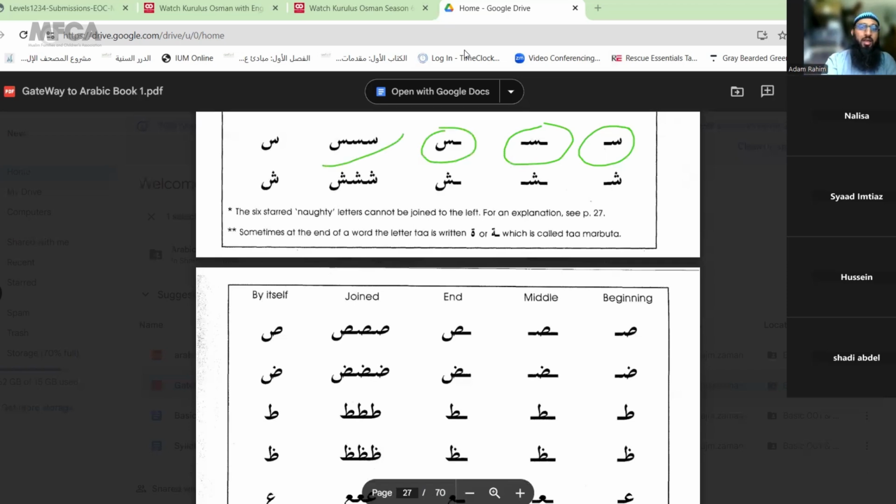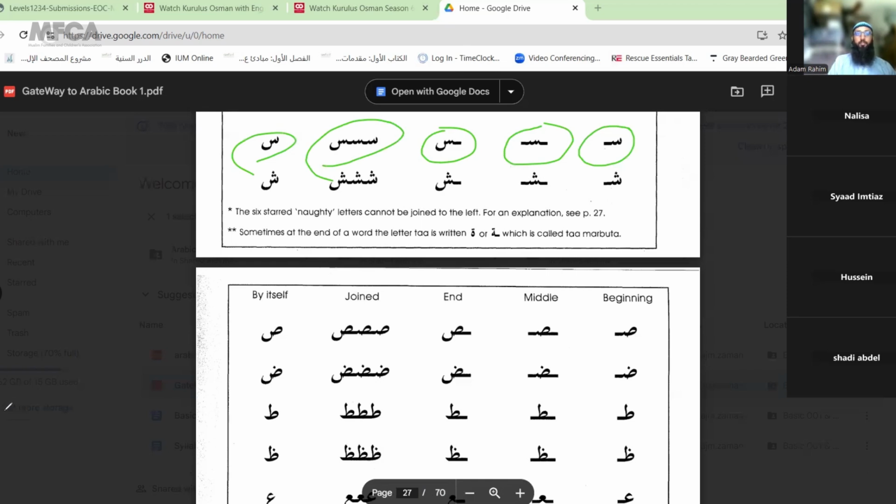Then they showed you some examples of them joined together, as well as written by themselves. I want you to refer back to this page for your homework, inshallah, just for practice, to get used to the different positions of the letters and the way they would be written.